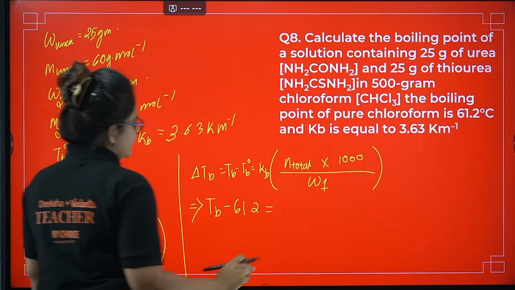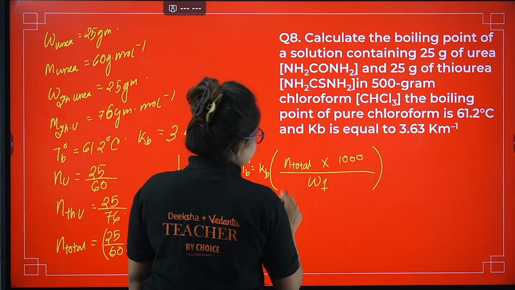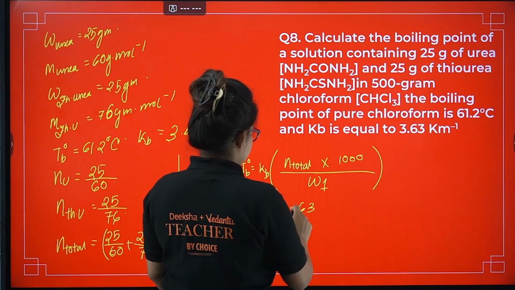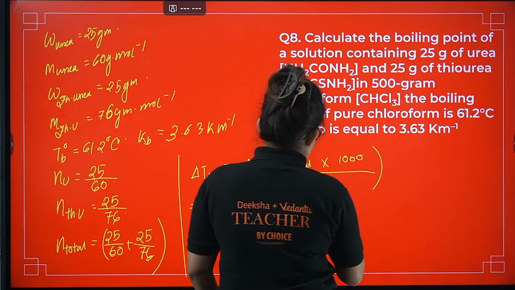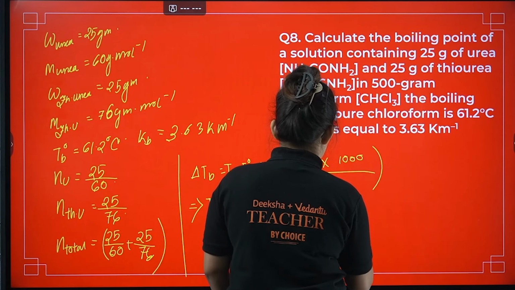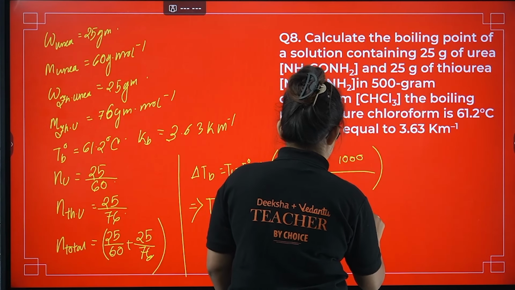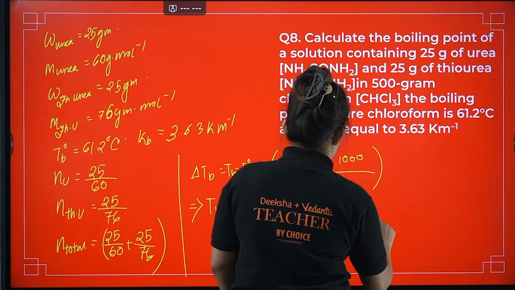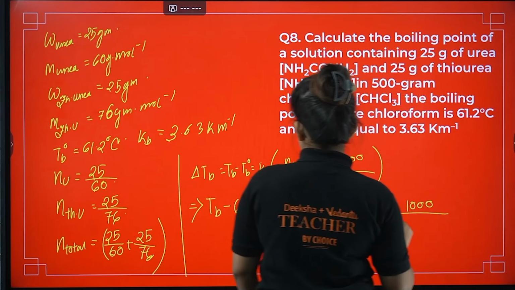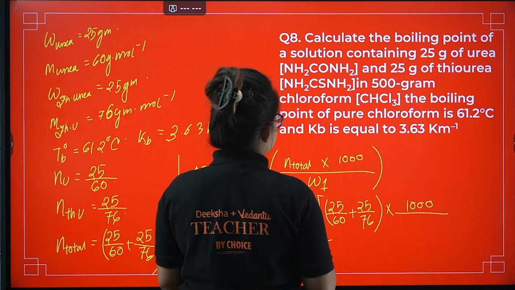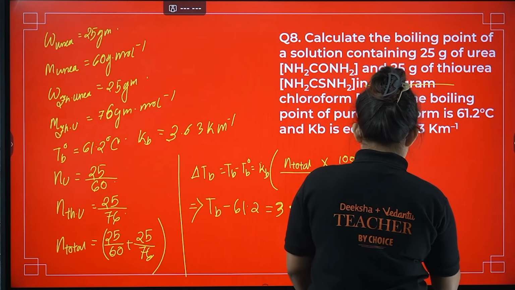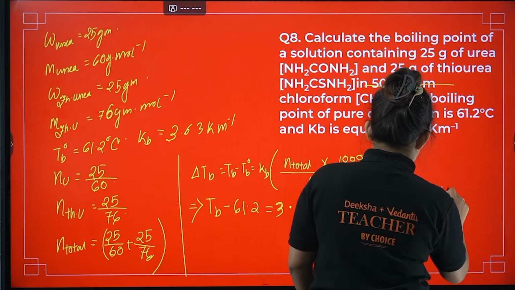Now Kb value if I put here, that is 3.63 into, in total we are getting 25 by 60 plus 25 by 76, into 1000 divided by weight of the solvent. Weight of the solvent is how much? 500 gram of chloroform. So 1000 divided by 500.